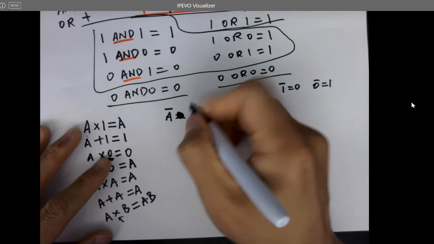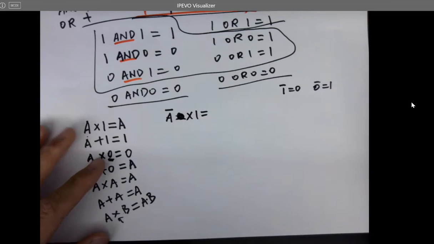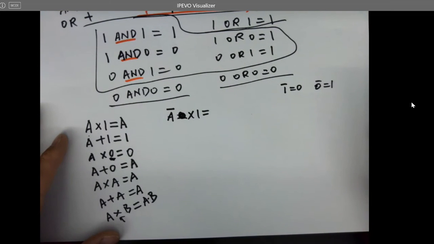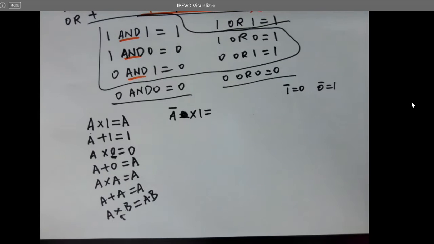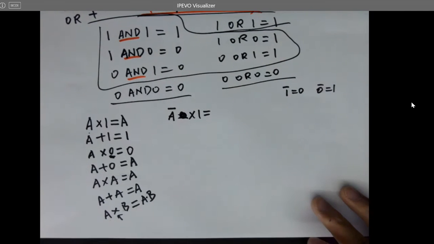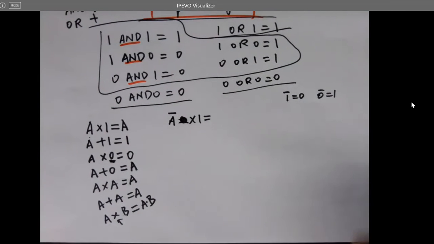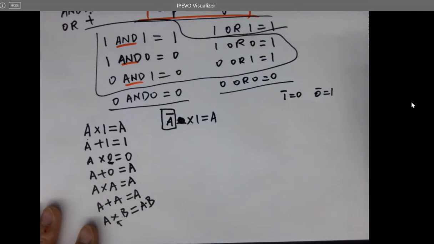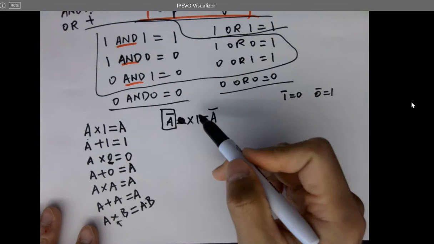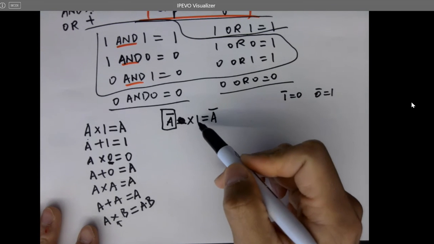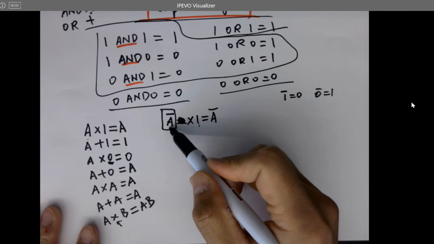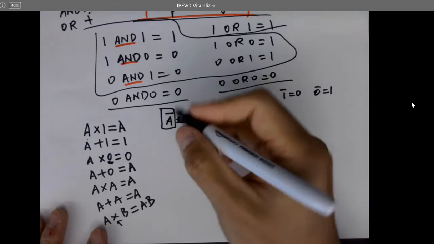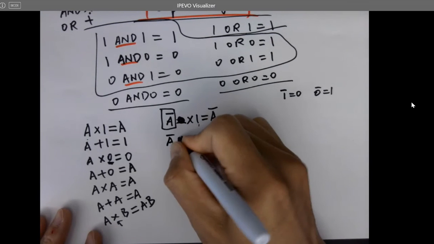If I write down A naught and 1, so what is the result? Yeah, we just treat this one as a black box, right? Whatever this one is, whenever it's being ANDed with 1, it's still the same thing, still itself. What about A naught and A?